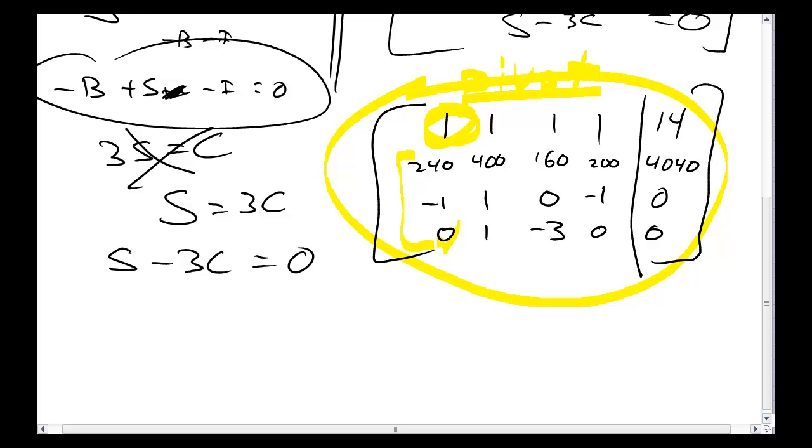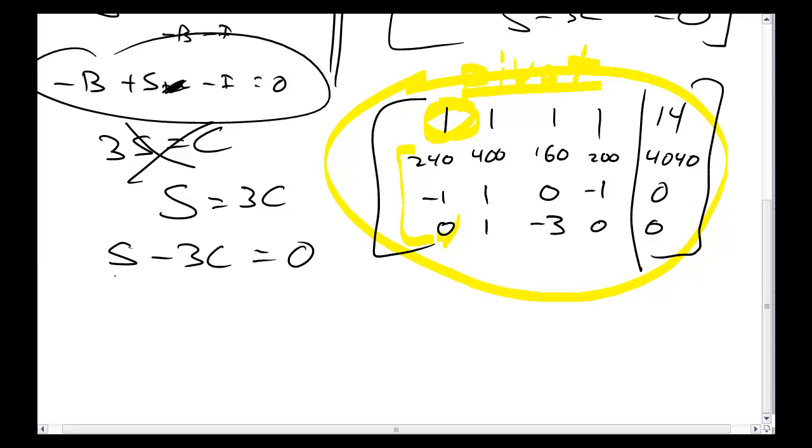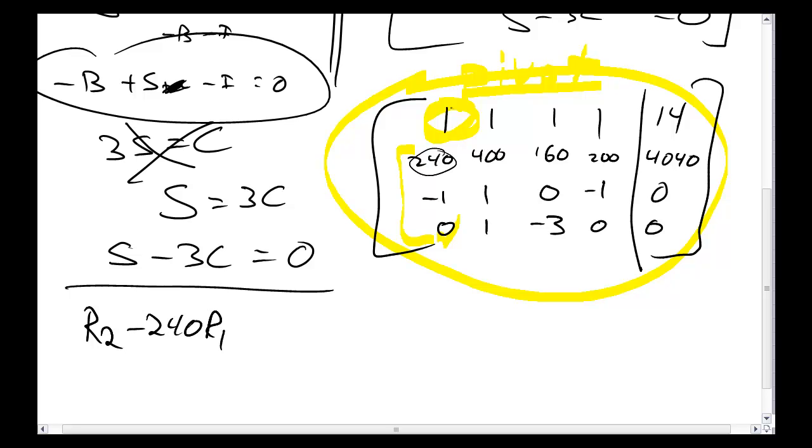So let's talk about my first set of row operations. I'm going to write the row that I change first, the row that I'm changing by second. So row 2, I need to subtract 240 times row 1, because I need to take 240 minus something times this, and it needs to equal 0. I'm going to double up my operations because I don't want to write 50,000 matrices out.